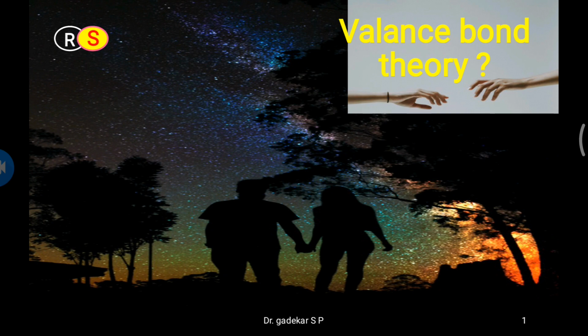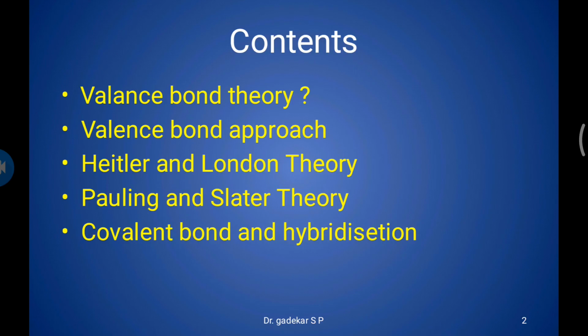So today we discuss valence bond theory. We discuss the valence bond approach, then the Heitler-London theory, then the Pauling-Slater theory. The first conceptual treatment of the nature of bonding in a covalent molecule was given by Heitler and London.